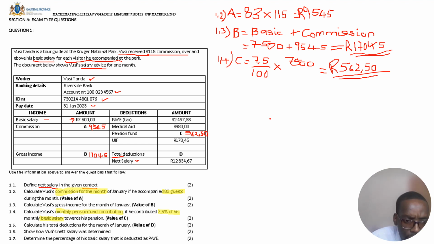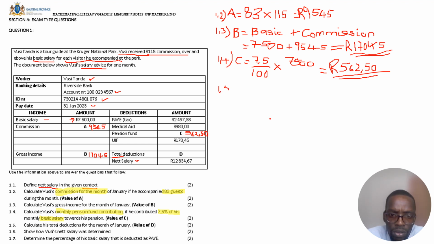And then the next question that we have, it says calculate the total deductions for the month of January. In other words, we are calculating these total deductions, and it means we need the value for D. So it means that's question 1.5.